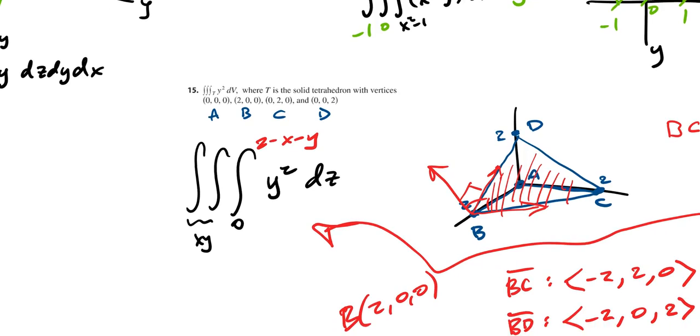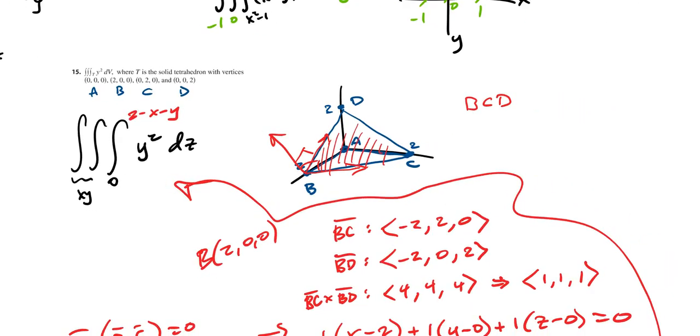Now we figure out what's going on in the xy plane. Well, it's the projection of the surface into the xy plane, so that will be BC. In the xy plane, here's B and here's C up here. This is 2 and this is 2, so that's y equals 2 minus x.